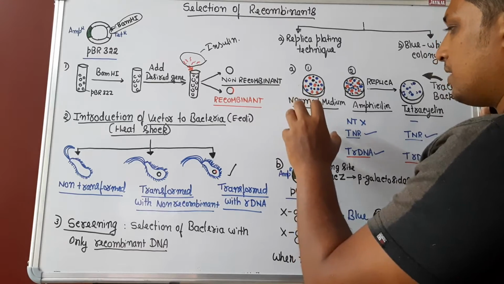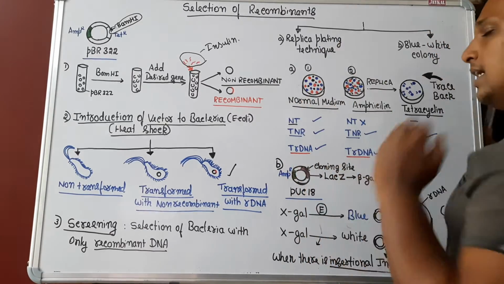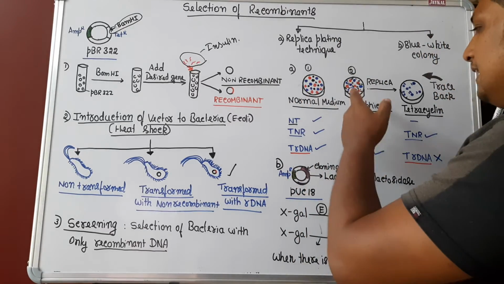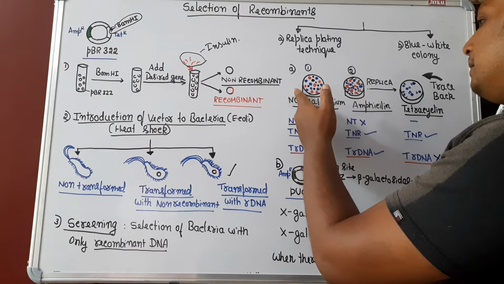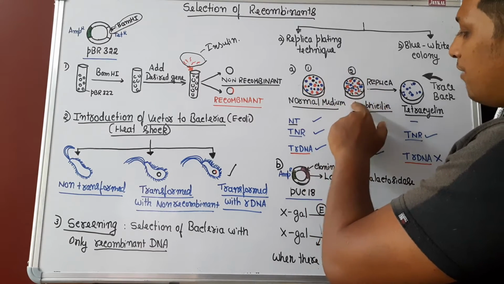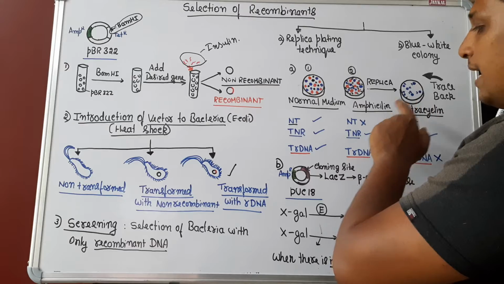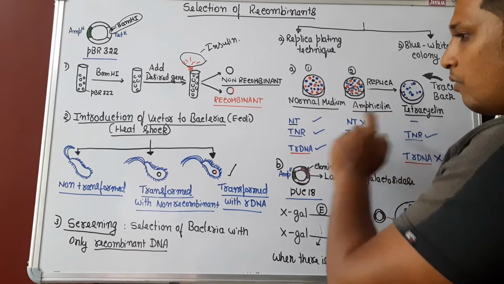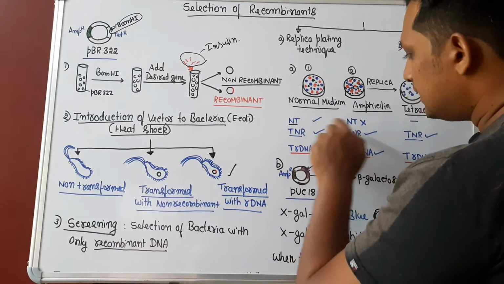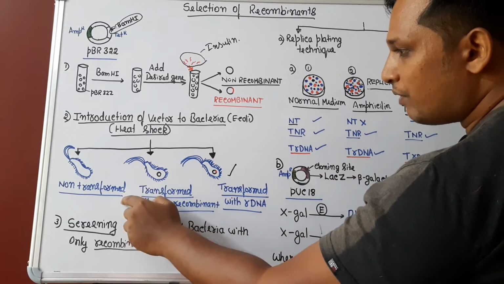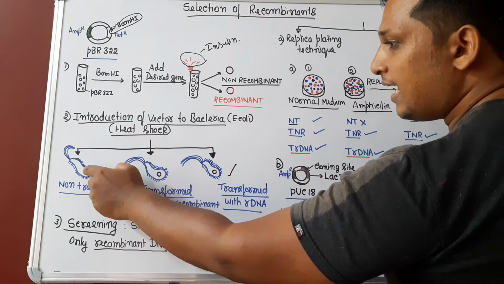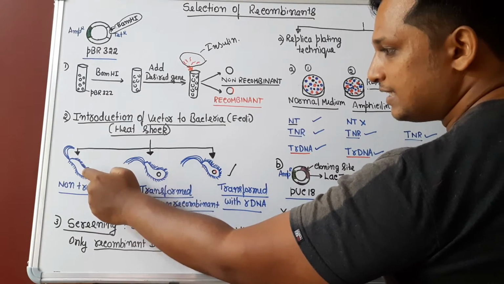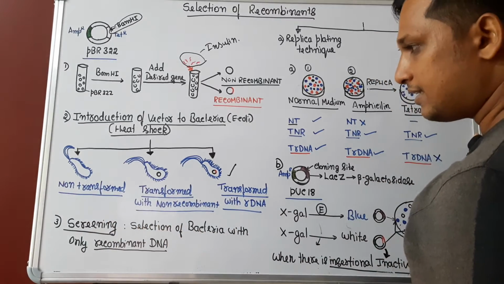So all three kinds of cells will be growing in a normal medium because there is no antibiotic to kill these colonies. Now take a Petri plate. In that Petri plate, or to the same Petri plate also, you can add ampicillin medium. When you add ampicillin medium, now what will happen to the non-transformed cell? The non-transformed cell doesn't have a plasmid inside, which means it doesn't have either ampicillin or tetracycline resistance.